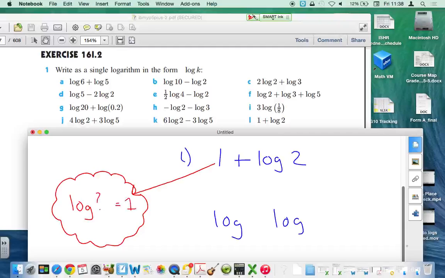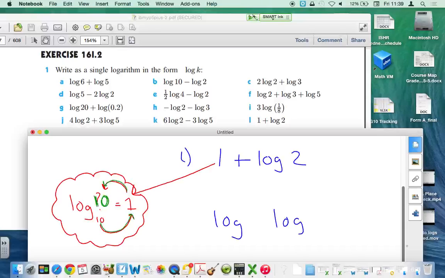Now what's important to realise is this is base 10. So 10 to the power 1 gives us what number? 10. So what I can do is, using that circular thinking, 10 to the power 1 gives me, so 10 actually goes in the inside there.